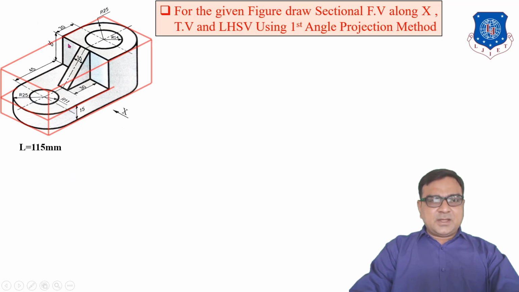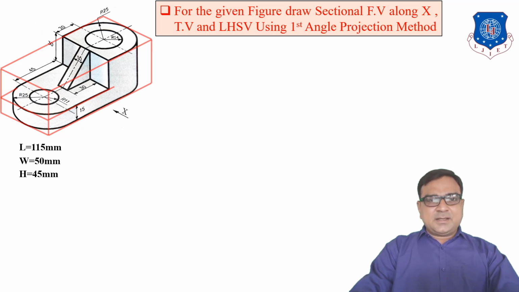115. What is the width? You can see the width of the object is 50 mm because width means the diameter of this semicircle, which is 25 mm radius. So 50 mm width, and height 30 plus 15 means 45. So first of all we have to draw the orthographic projections: front view, top view and left hand side view.